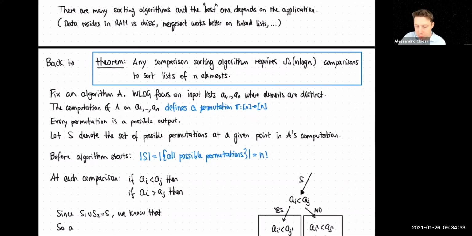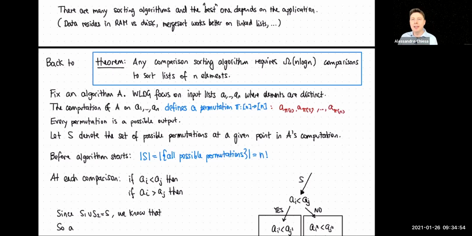Why? Because its output, let's write it down, is going to be something that looks like a π1, a π2, and so on and so forth, up to a πn. What is this π?